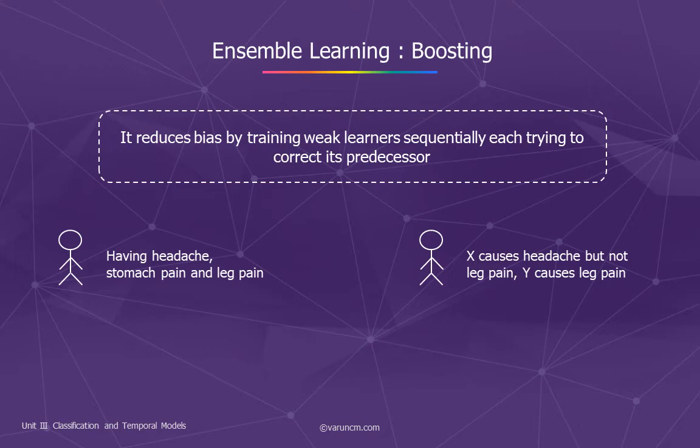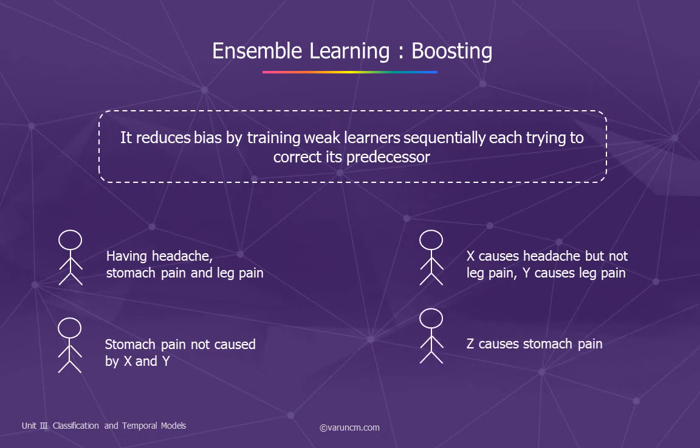The reason can be that X causes the headache but not the leg pain. What causes the leg pain is Y. And the stomach pain is not caused by either X or Y, but by Z. So these are the conditions we have.